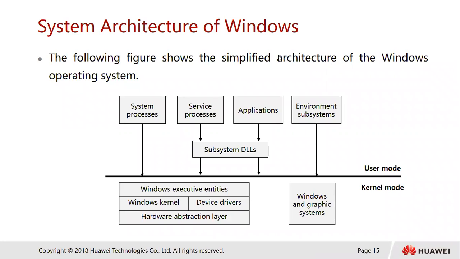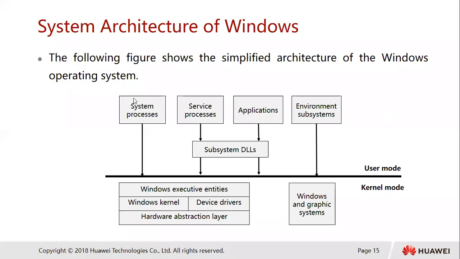This is the system architecture of Windows, which has 4 processes. System processes, which deal with login and sessions, service processes, applications, as well as environment subsystems.